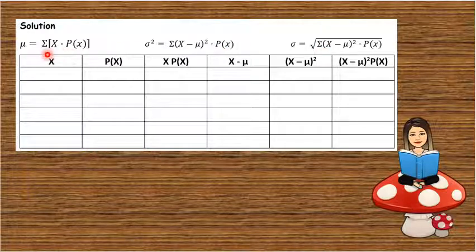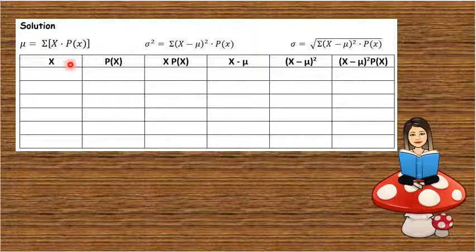Eh, ma'am, bakit nandyan yung formula in finding the mean? Okay. So, kasama nating i-compute yung ating mean. Bakit? Kasi makikita natin yung mean dito sa formula ng ating variance. So, kung hindi natin i-compute yung mean, hindi rin natin makukuha yung value ng variance. Kaya, kailangan muna nating i-compute yung mean bago natin makompute yung value ng ating variance.